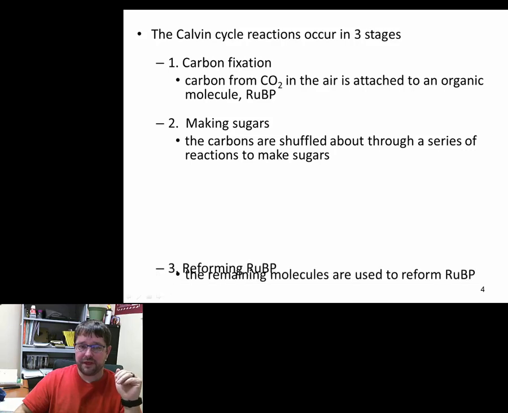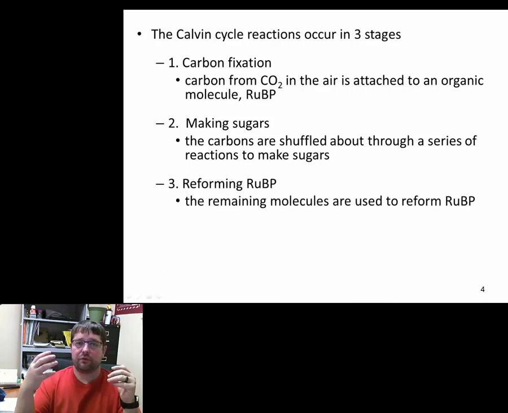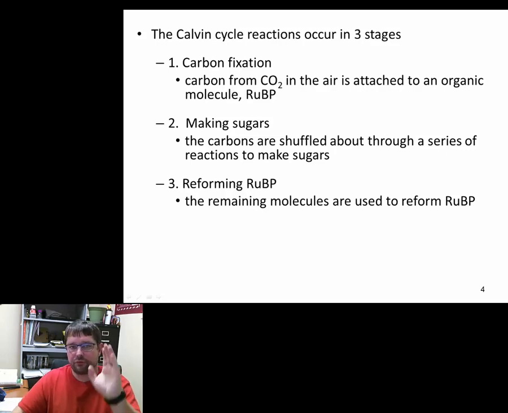Then the remaining 5 carbons left after the sugar is made go back, get a little more shuffling, and reform the original molecule RuBP. Then you can bring in more carbon dioxide from the atmosphere and do it over again. This is really the process by which glucose is formed, and we're going to go through each one of these in much greater detail.